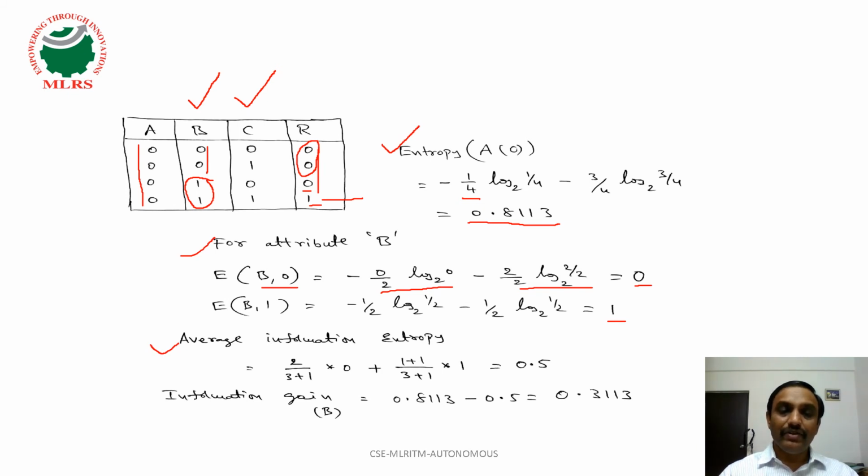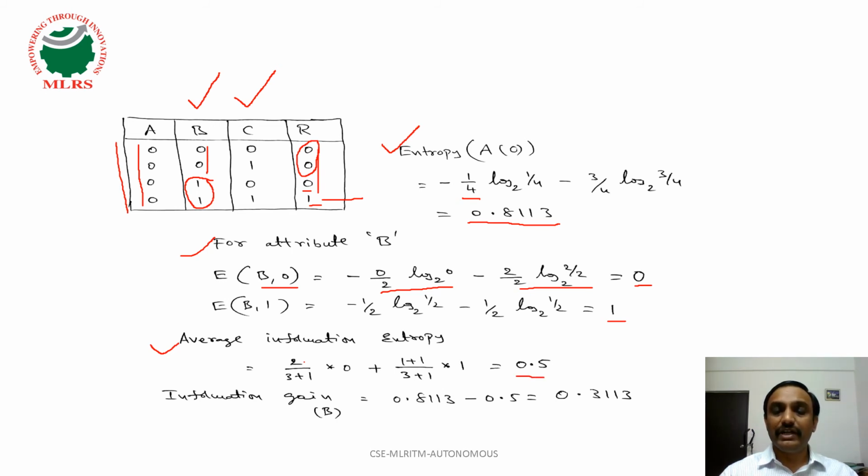For B value equal to 0, how many positive? No positive. How many negative? 2 negative. How many examples are there in total? Only 4 examples. So 2 divided by 4 multiplied by 0, plus 2 divided by 4 multiplied by 1.